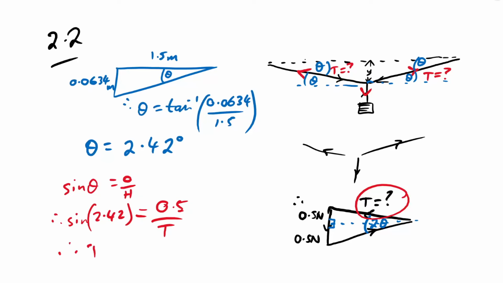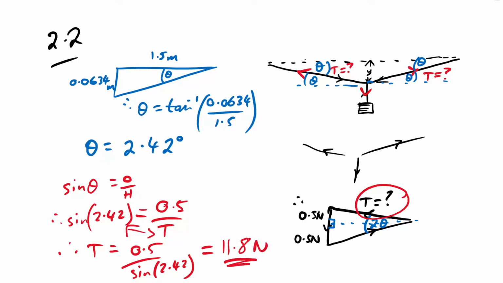And so just swapping these 2 around, we end up with the tension being equal to 0.5 over sine of 2.42. And we end up with, let's go to 3 sig figs, why not? So 11.8 newtons. That is not an easy question.